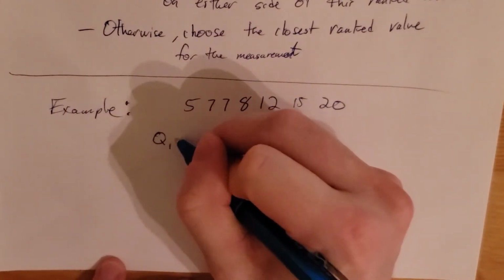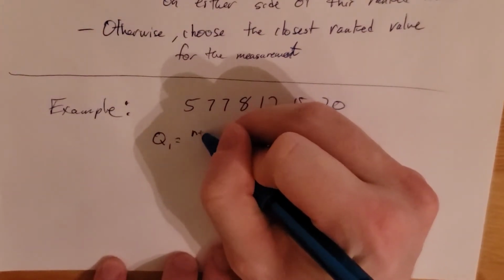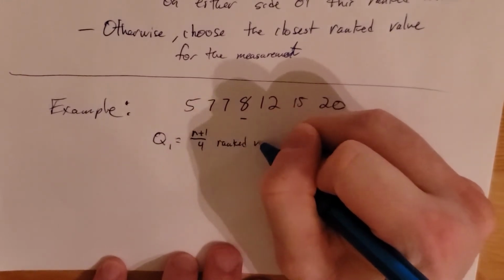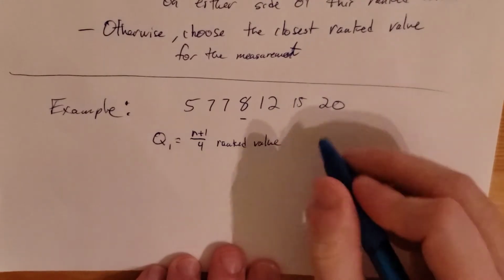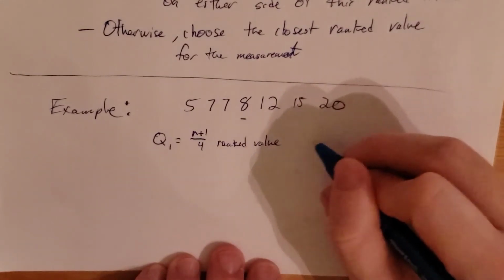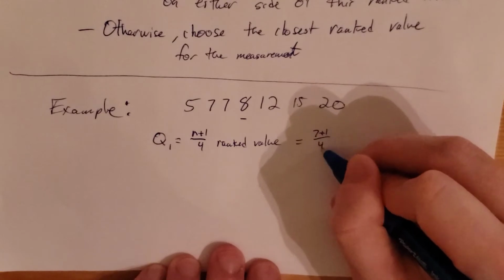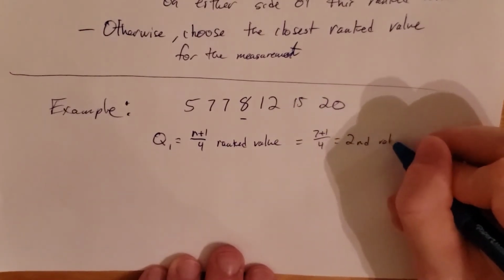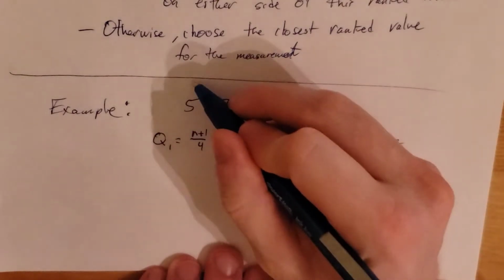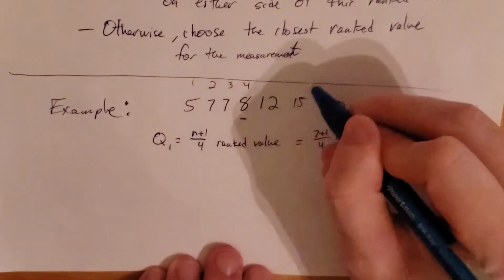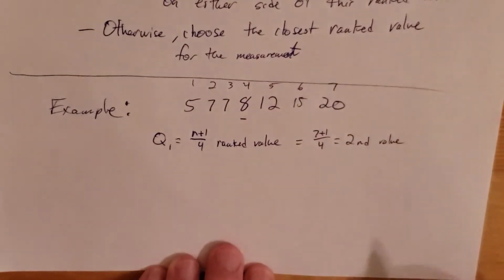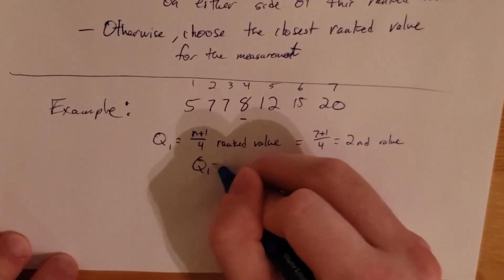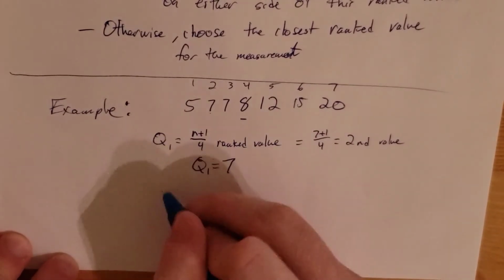Well, Q1 is equal to the n plus 1 over 4th ranked value. N here is 7, because we have 7 objects. So this is 7 plus 1 over 4, equal to the second value. Right? So we have our first value, second, third, fourth, fifth, sixth, and seventh. And so we pick our second value. So Q1 is equal to 7.